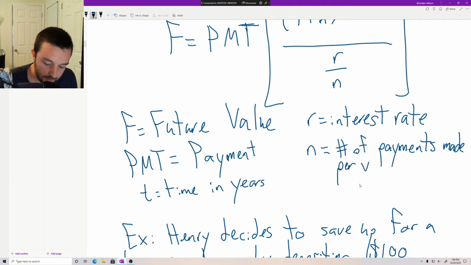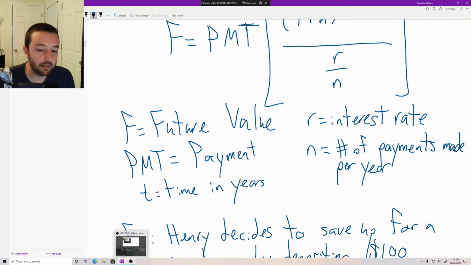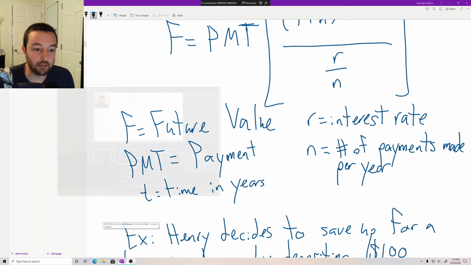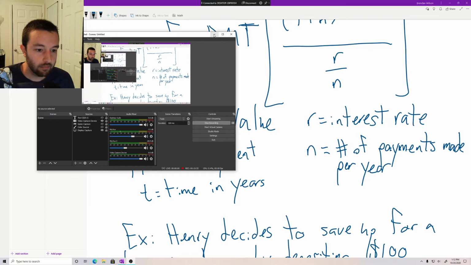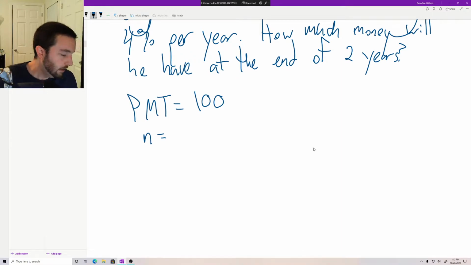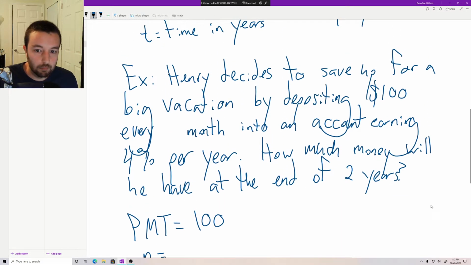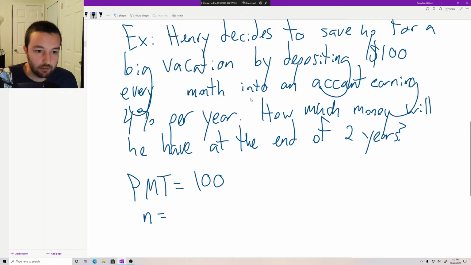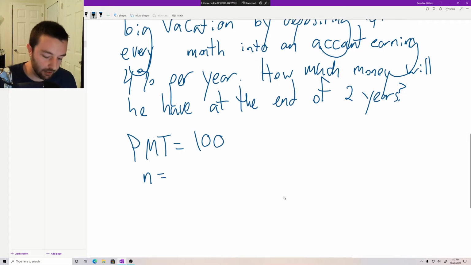So instead of thinking of it as the number of times the interest is compounded, we'll think about it as the number of payments made per year. Thinking about it like that, n is going to be 12, because we're doing this monthly, every month.